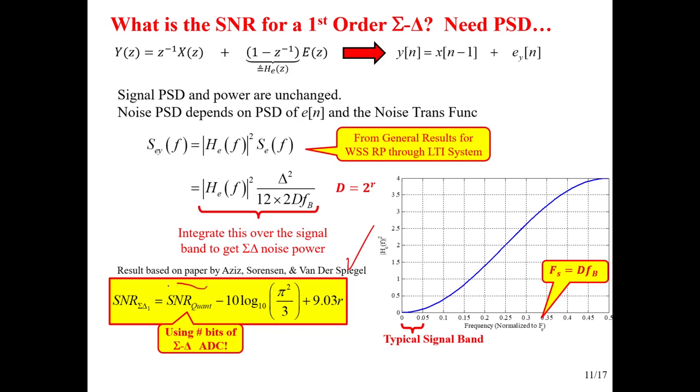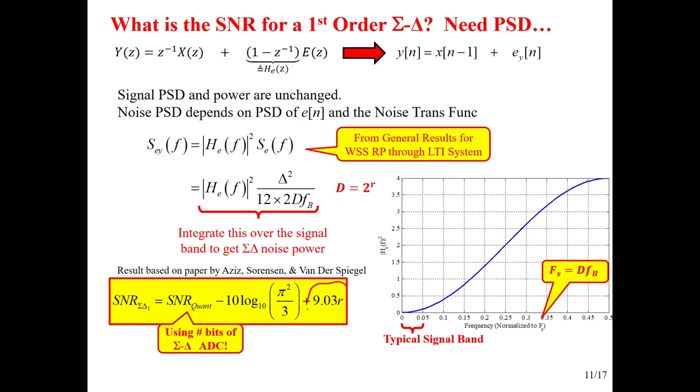So this is the SNR that we would get from the actual number of physical bits in the A to D converter inside the sigma delta. Remember, I was saying that typically that's 1 bit, but you might nowadays have a 2 or 3 bit A to D converter there.